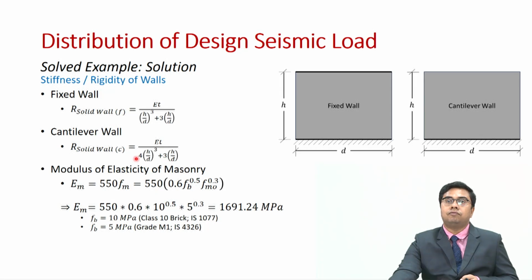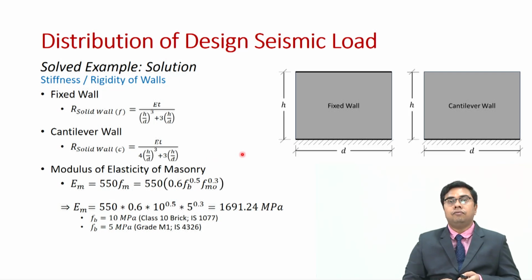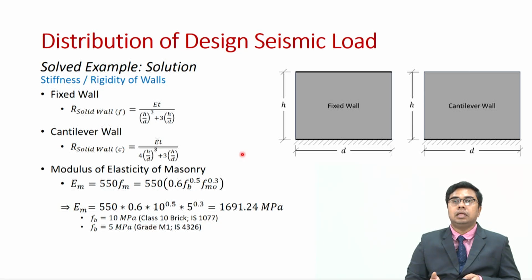So, there is a factor of 4 in this term, which reduces the value of stiffness or rigidity in the case of cantilever walls. We shall not be going into the depth of derivation of these expressions. You can refer to any textbook on design of masonry buildings, where you shall find the source of these expressions.